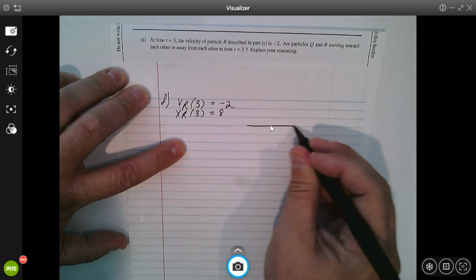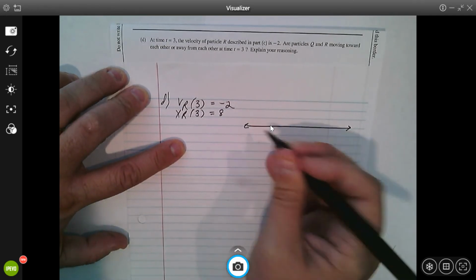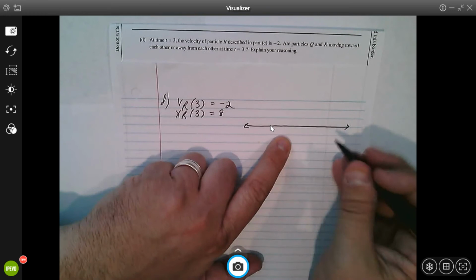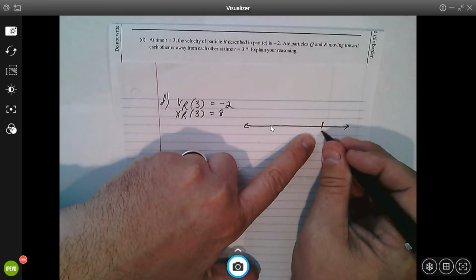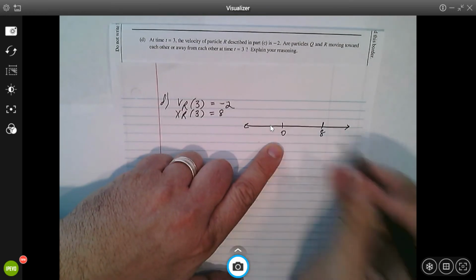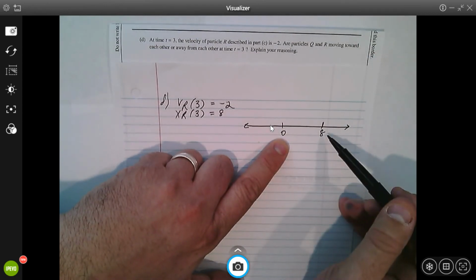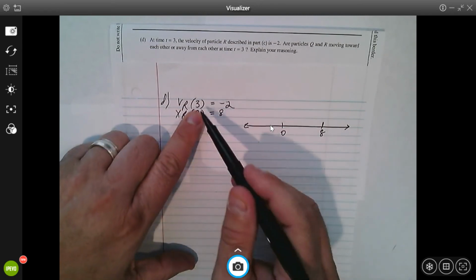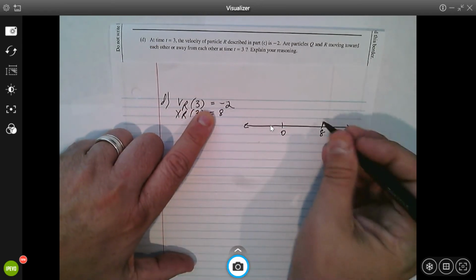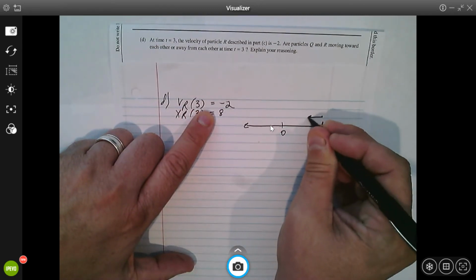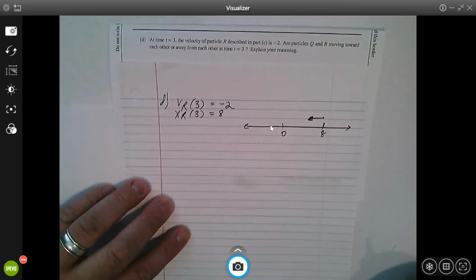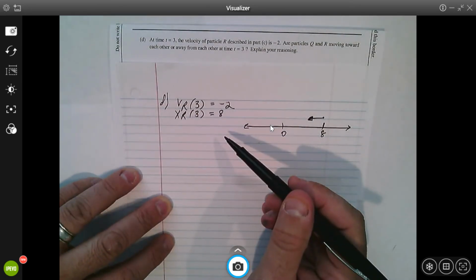So my picture right now is if this is my x-axis, at time t equals 3, I'm over here at 8. Let's get a little reference point here. Here's 0. Here's 8. And at time 3, the velocity of particle r is negative, meaning that I'm going to be moving to the left. Well, that's information about particle r.